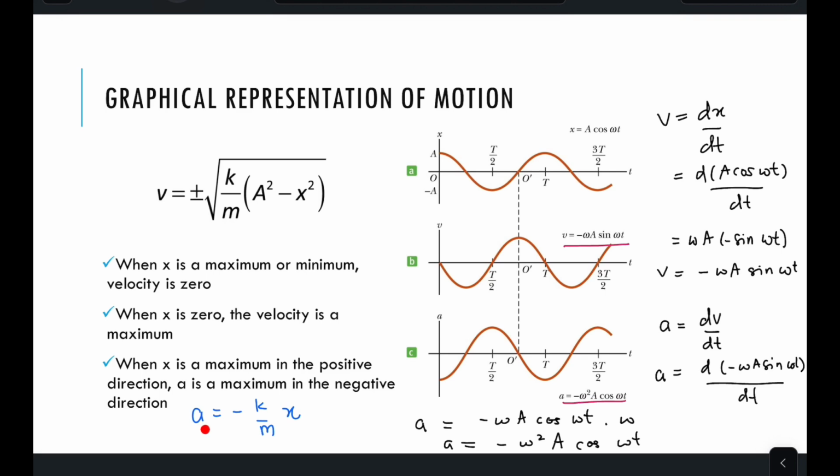So the a will be maximum in terms of value, but in positive direction, opposite to the x. So whether we observe it in terms of this equation, acceleration as a function of position, or according to acceleration as a function of time, we actually get the same information.